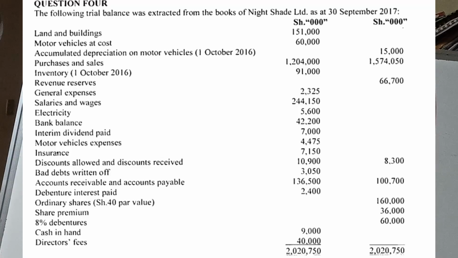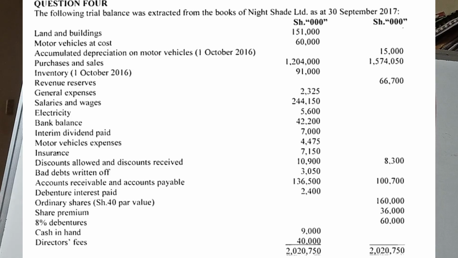November 2017 question 4, the following trial balance was extracted from the books of Nightshade Limited as at 30th of September 2017. Land and building 151,000. Everything is in shillings. Motor vehicle at cost 60,000. Accumulated depreciation, motor vehicle 15,000. Purchases and sales. Inventory, revenue and reserves, general expenses.